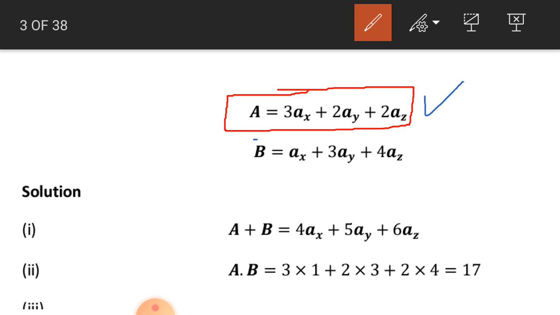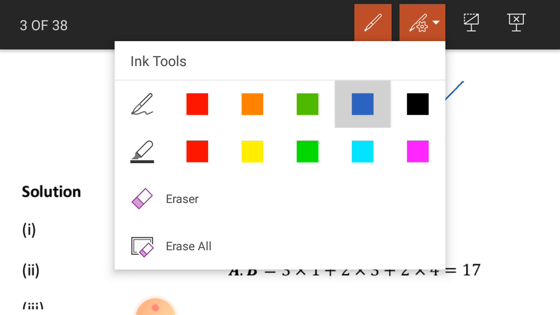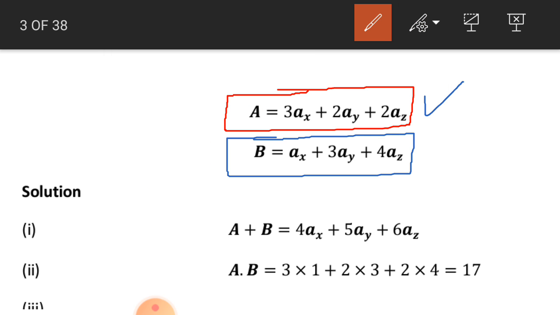We consider a three-dimensional vector B in the rectangular coordinate system. B is equal to ax + 3ay + 4az.